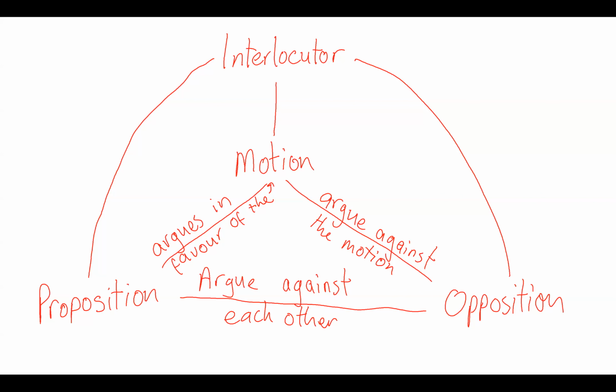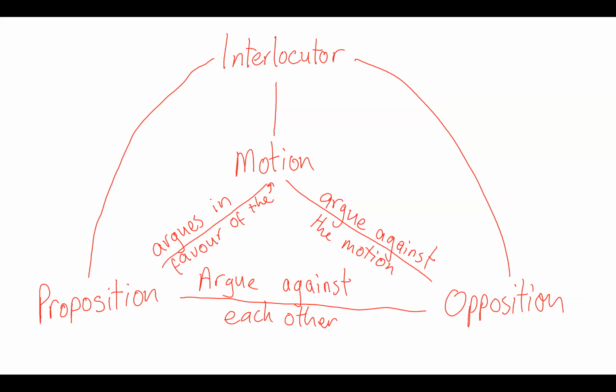So let's talk about the interlocutor. How does the interlocutor relate to the proposition and the opposition? Now, a little hint here is that the interlocutor has the same relationship with both teams. I see Zon with his hand up.